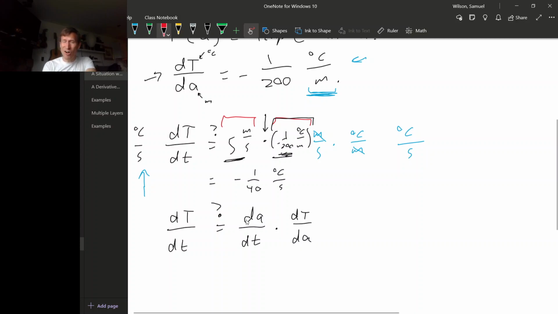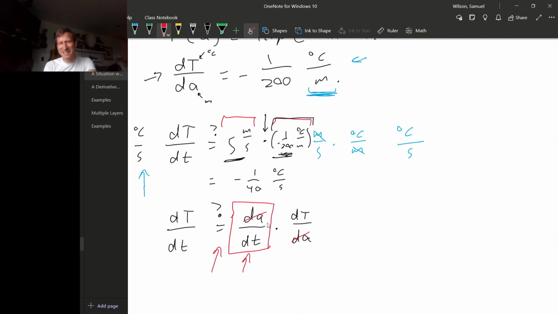And this also makes our guess seem correct, because if you just cancel the dAs, you get dT over dt. That makes this guess seem appealing. This isn't a proof at all, because remember, dA doesn't actually mean anything on its own. dA only makes sense in the context of this clump of symbols, which is a derivative.